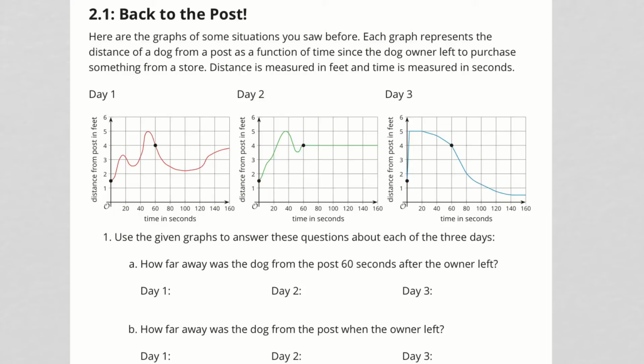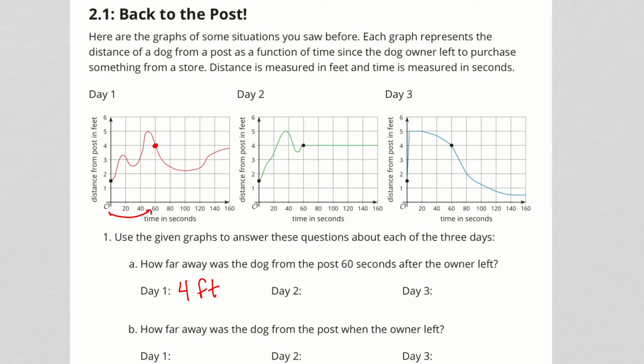How far away was the dog from the post 60 seconds after the owner left? So if we look at day 1, we're going to go over to 60 seconds and then go up and see that it's at this point right here. The dog was 4 feet from the post. On day 2, we're going to do the same thing.